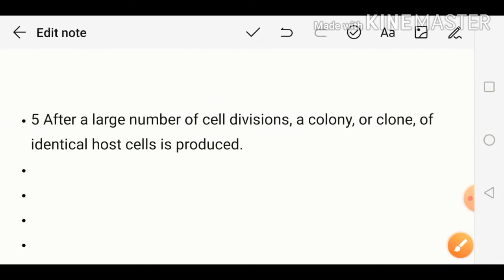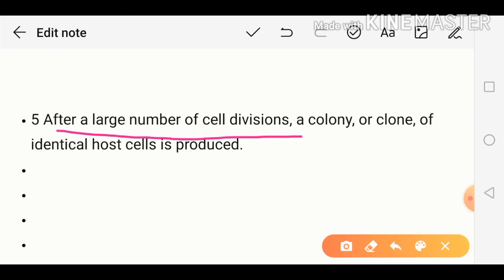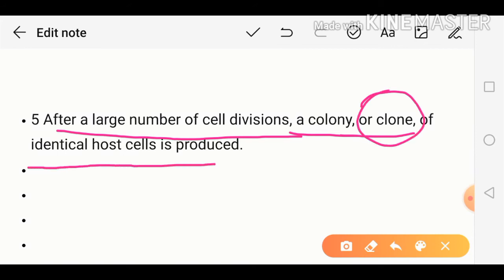Then in the next step, after a large number of cell divisions of the host cell, bacterial colonies are produced, or we can say clones are produced, and identical host cells are produced during the gene cloning experiment.